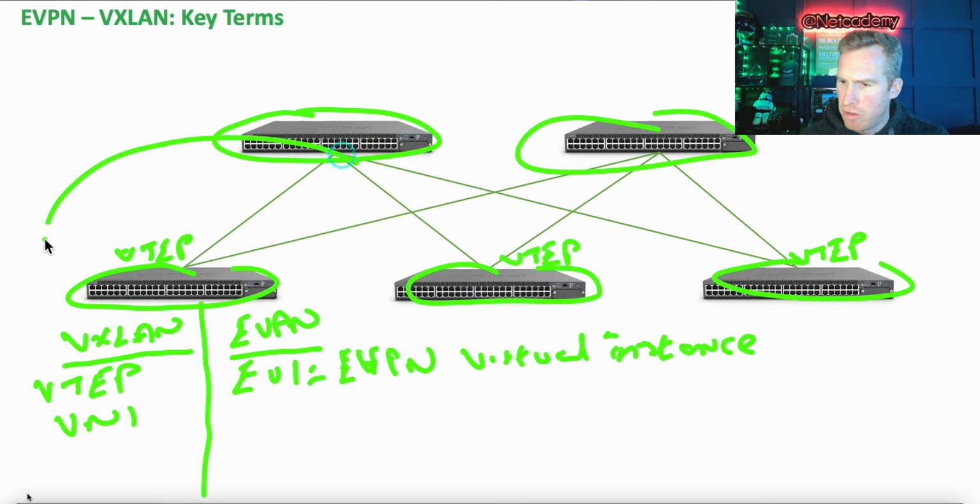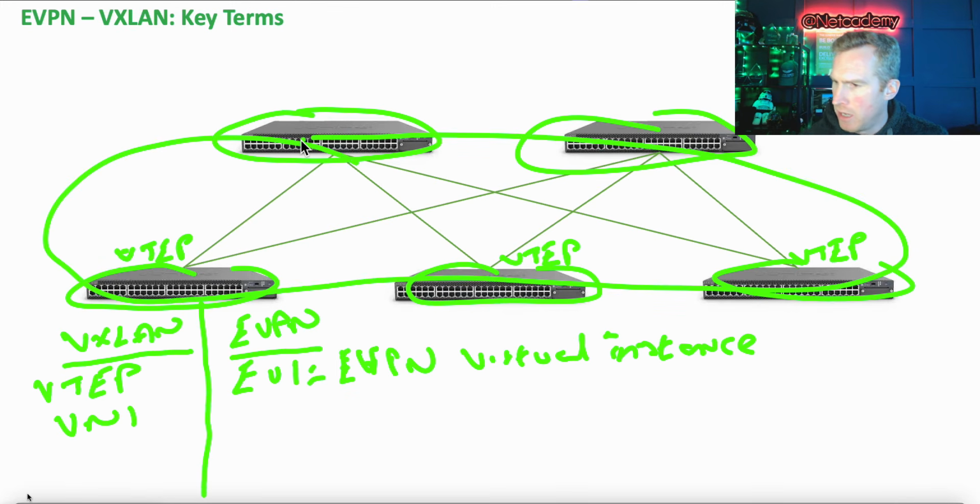So quite literally everything here would be that EVI, that EVPN virtual instance. It's quite literally the entire domain itself. That is very straightforward. So if you ever hear that term EVI, just know you are referring to that whole EVPN instance itself.